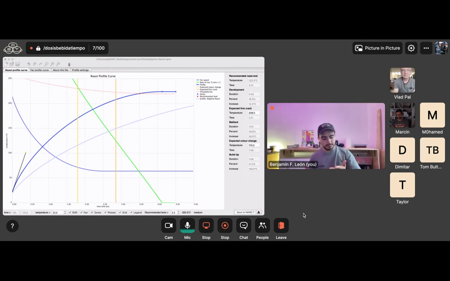So about the fan speed and the fan curve throughout my profiles, when I started designing profiles around the concept of ROR, one of my main issues was, okay, so how do I actually make the PID not make drastic decisions while on development time, while getting to first crack?